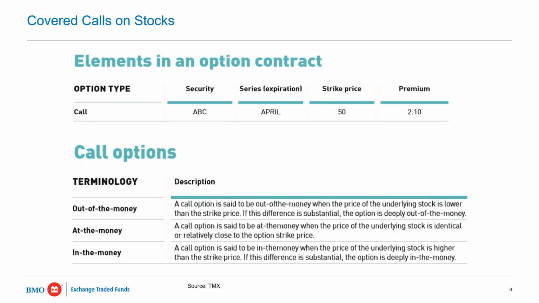But in exchange, you are taking on the obligation to deliver the shares that you have for the strike price, which is $50. So as you can see, when you do a covered call strategy, you are looking at the maturity and the strike price, and that brings us to the section below where we talk about the terminology. This is where we talk about the option moneyness.